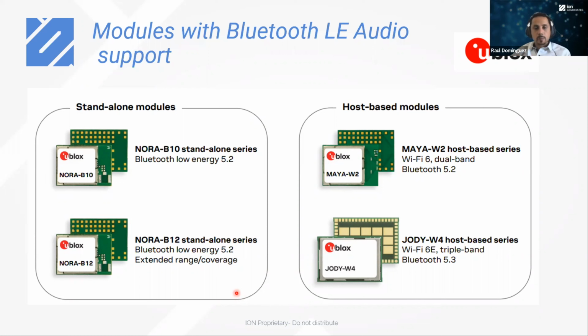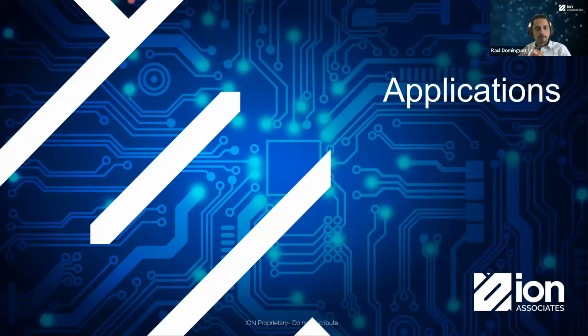And we have more powerful modules that are host-based. This means that they need a microprocessor to run the stacks. But at the same time, they are more robust and more capable. They have more capabilities, mostly in the Wi-Fi section. But both work well with Bluetooth audio. Next.